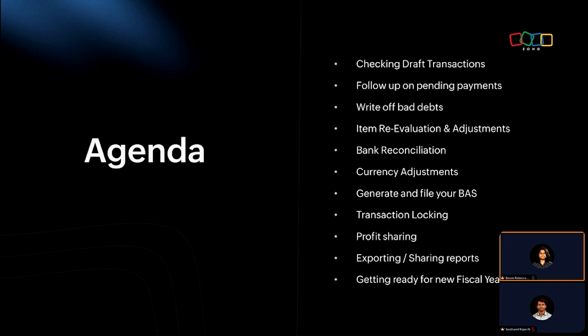The year-end closing is not just about wrapping things up, but it is also about preparing for a smooth start to a new fiscal year. So we'll discuss a few tips which will help your business to start on the right foot. Without any further delay, let us quickly dive into the session.